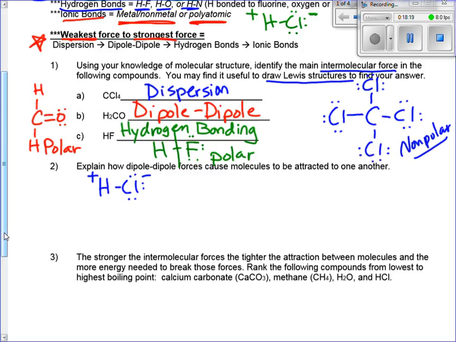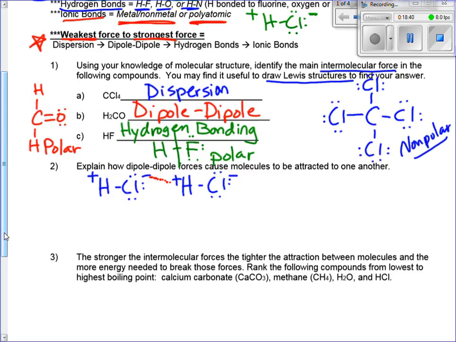If I have another one over here, another HCl molecule, guess what's going to happen? There's 2 of them now. This positive over here is going to attract to the negative on the other molecule. So it's going to kind of stick to itself.